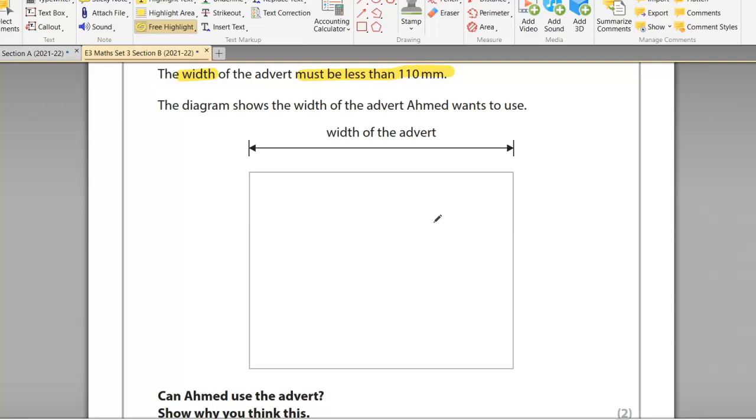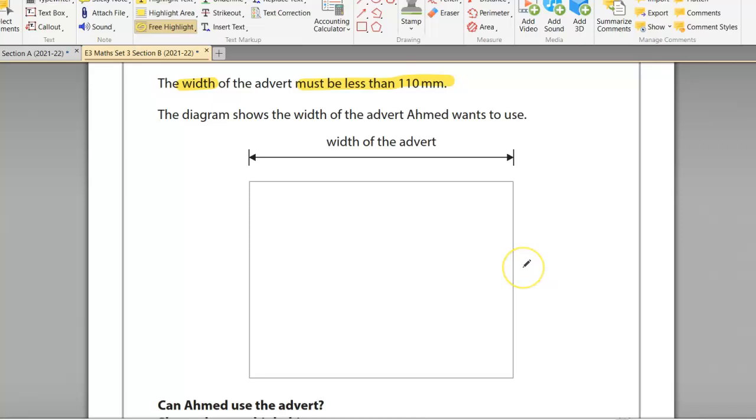So what you would need to do in the exam, if there's no measurements on the diagram, it means you need to get your ruler out and measure the width of this line in centimeters, or millimeters, of course. So when you measure that line, you must then compare it to the 110 millimeters we can see in the question.